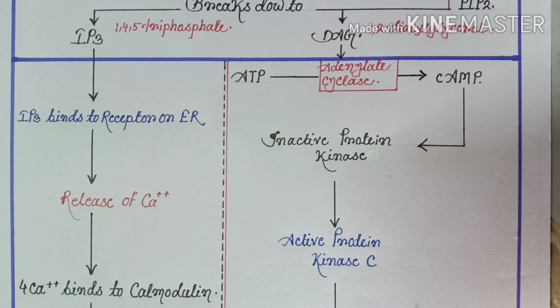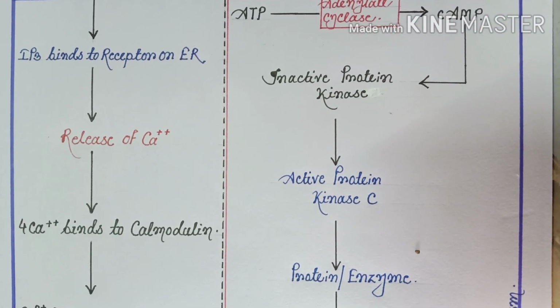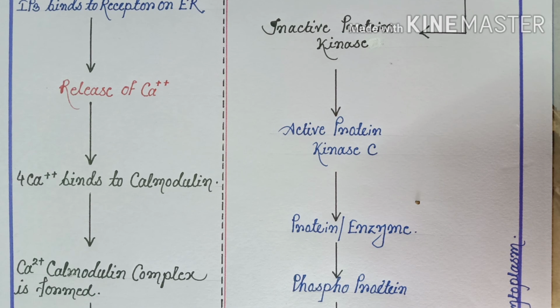Now this DAG helps in the activation of adenyl cyclase. This adenyl cyclase, by the catalysis of ATP, helps in the production of cAMP in the cytoplasm, and this cAMP acts on inactive protein kinase and helps in the production of active protein kinase C. As we know, this active protein kinase C acts on different proteins or enzymes and helps in the production of phosphoprotein.